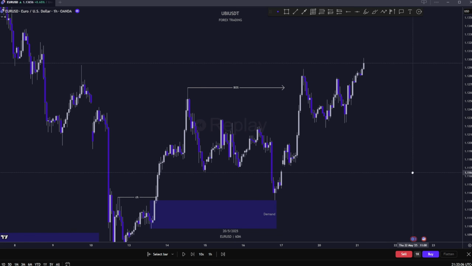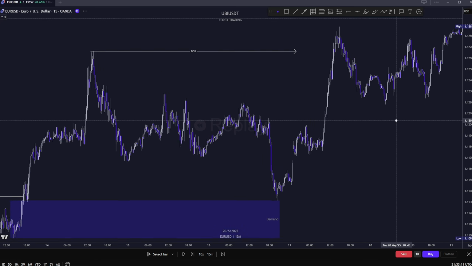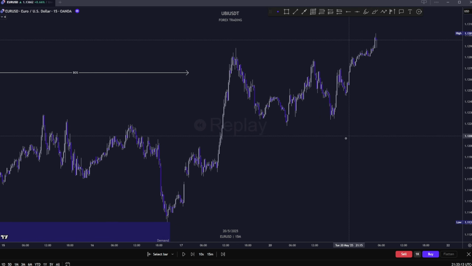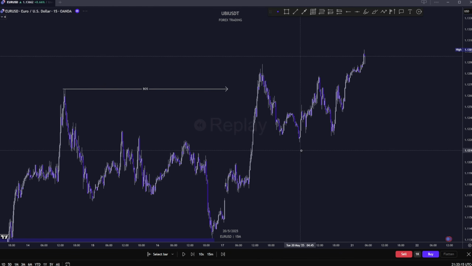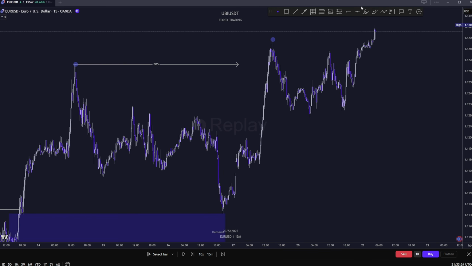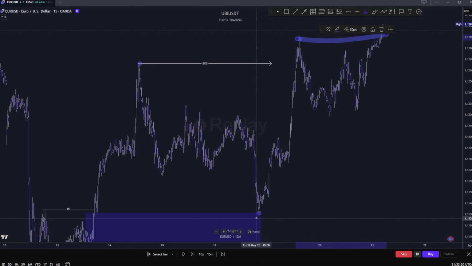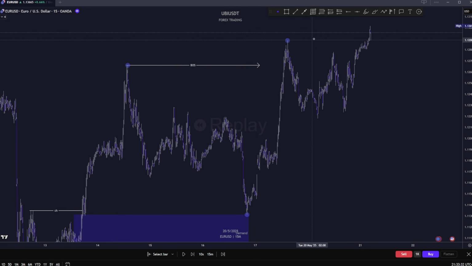Okay, now we can switch to 15 minutes also if you want to check all the time frame combinations. And now what we see, this is our higher high. So it was our recent higher high, but now price printed new higher high, and it was our higher low. Now it means that we have this range. But what did price do?